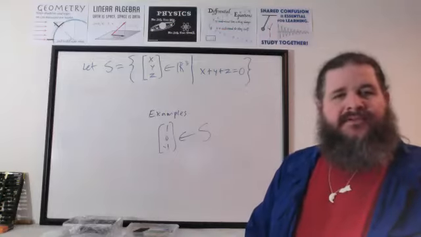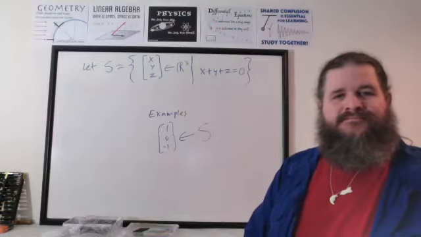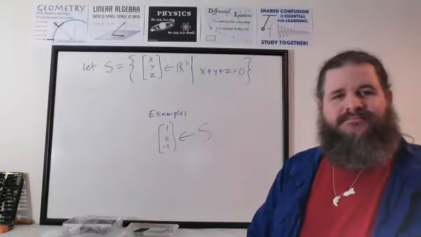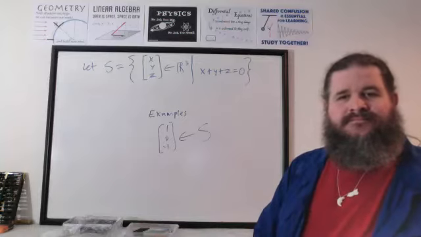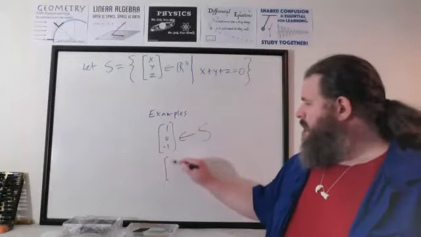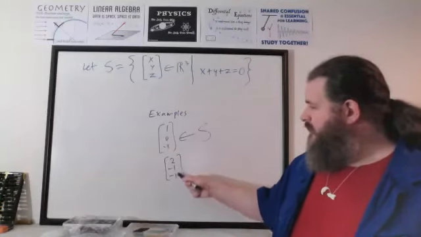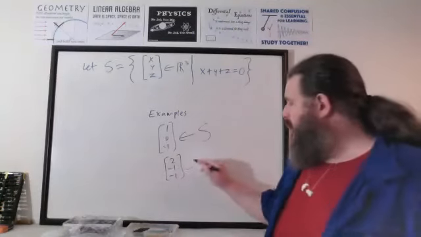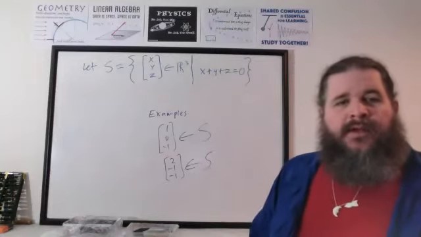Any other examples? Two, -1, -1. Yeah, that should work. The X, Y, and Z coordinates add up to 0. So this is also a member of set S. And it looks like we could build more as well.